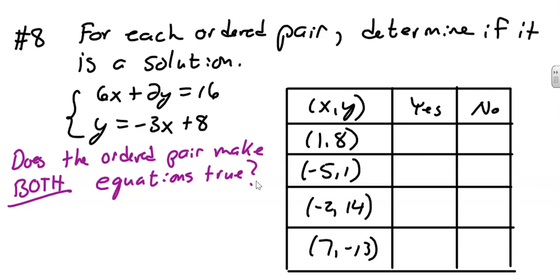Okay, so that's the yes or no answer. Does this one ordered pair make both equations come out to be true? Yes, it does, or no, it doesn't. And it's just from there, just go back and plug it back in.